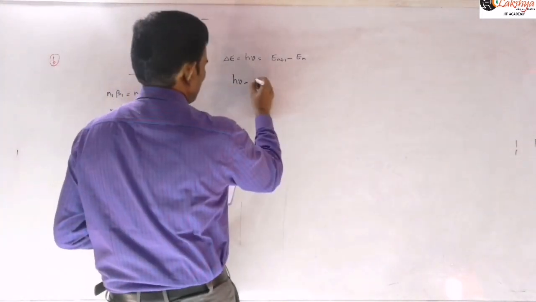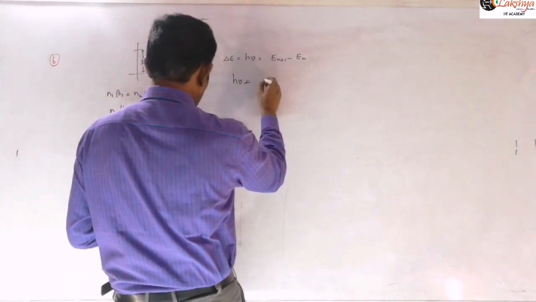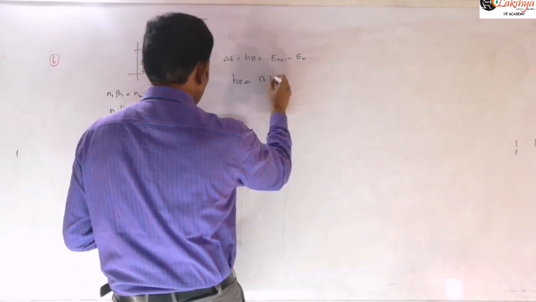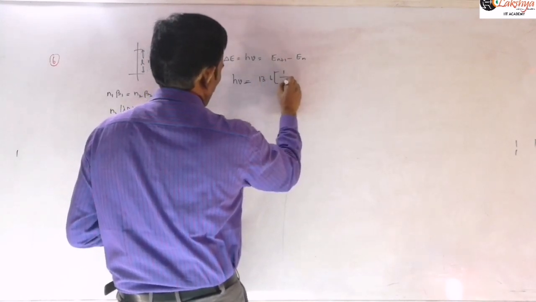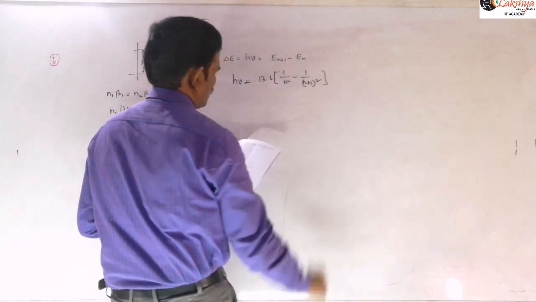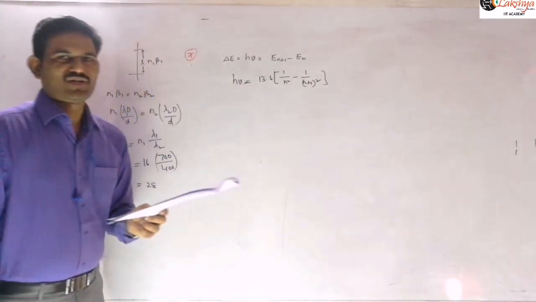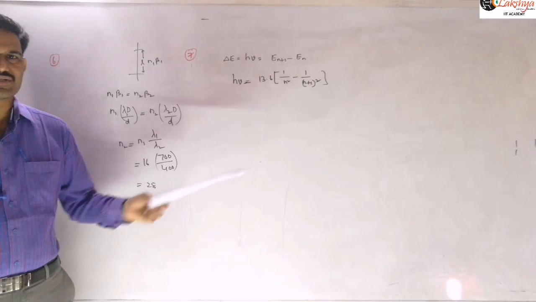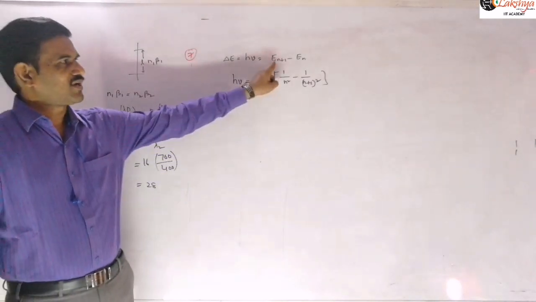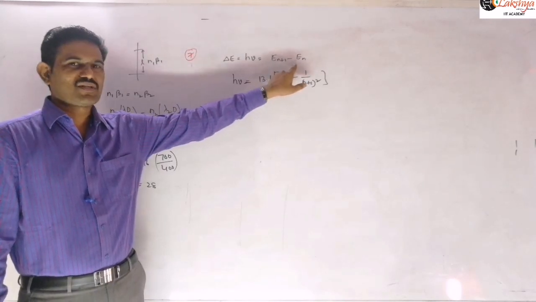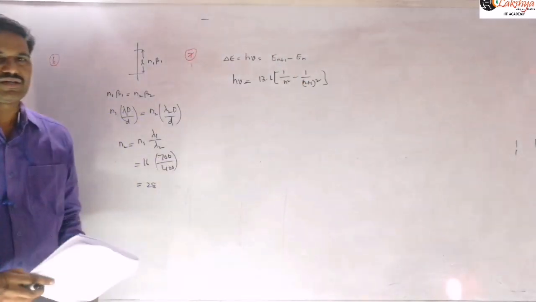So this value I can take as 13.6 into 1 by n square minus 1 by n plus 1 whole square, right? The nth orbit energy is minus 13.6 by n square, so I am substituting this. Here, minus 13.6 by n plus 1 whole square, and minus of minus becomes plus, you will get 13.6 by n square.